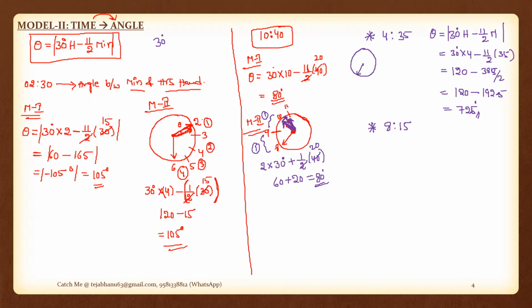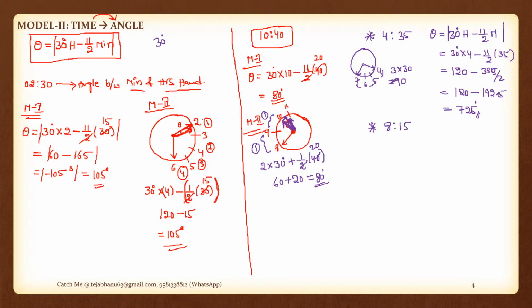Now, if you take the imaginary clock model, 4:35, 35 means the minute hand strikes towards 7 and the hour hand strikes 4. Now, in between 4 and 7, we have 5 o'clock and 6 o'clock. 1, 2, 3. 3 into 30 is 90.